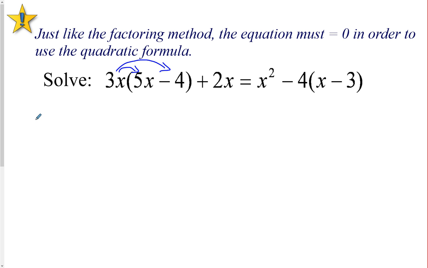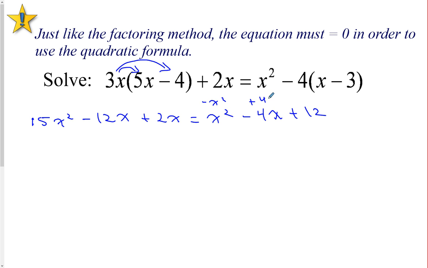So I just want to simplify this. We're going to end up with 3x times 5x is 15x squared. 3x times negative 4 is going to be negative 12x. Then we've got our plus 2x, and that's going to equal x squared minus 4x plus 12. Whew. Now let's move everything over to one side. We're going to subtract x squared from this side.